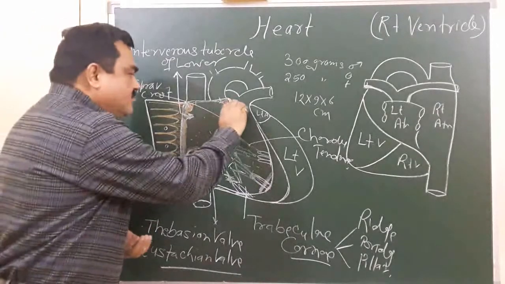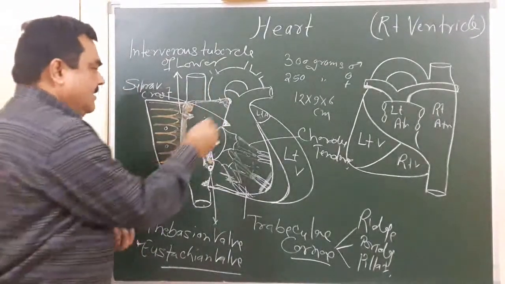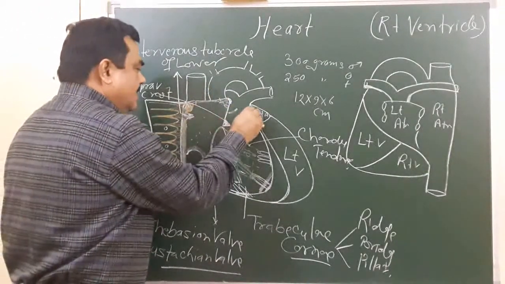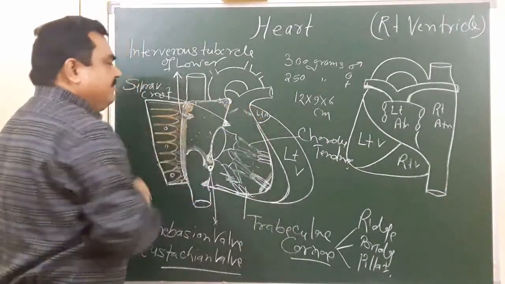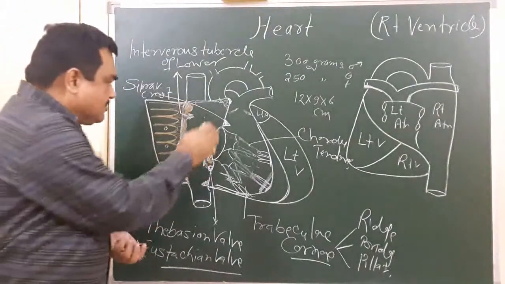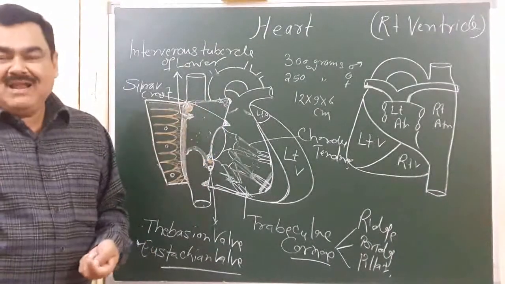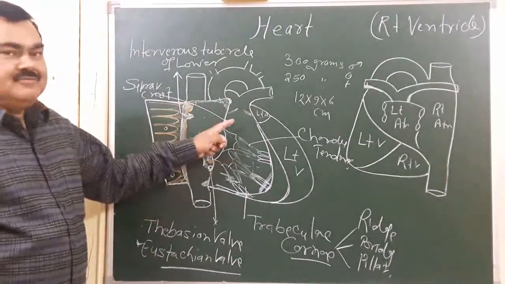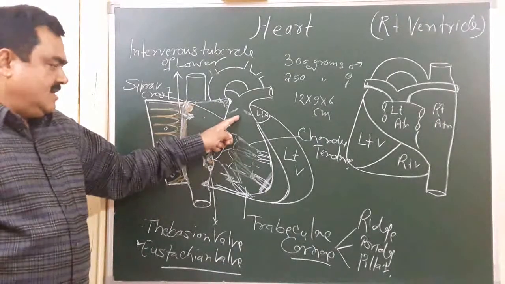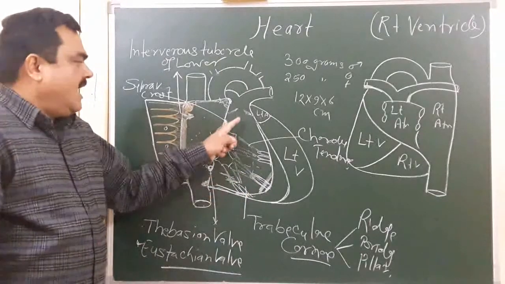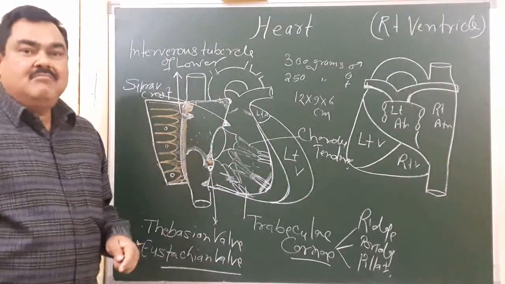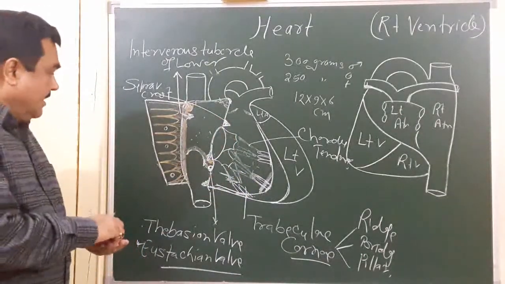Above this there is a smooth part, and here the pulmonary valve is present. This smooth part develops from the bulbus cordis. So the rough part develops from the primitive ventricle, and the smooth part develops from the bulbus cordis.